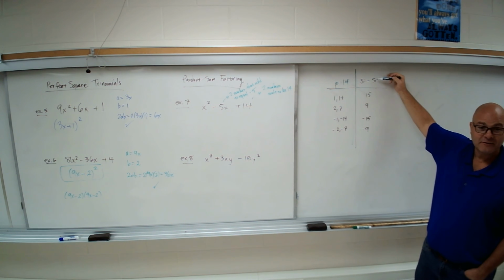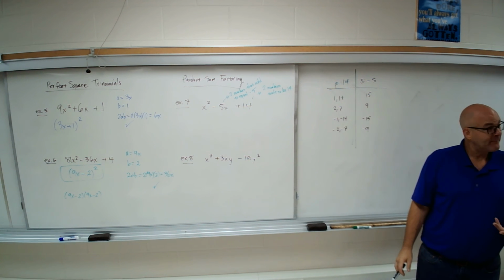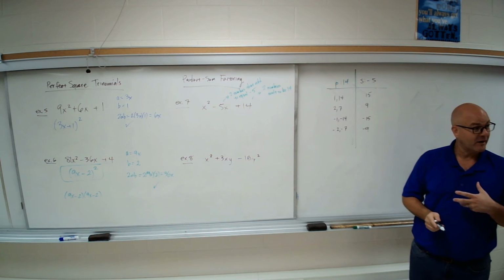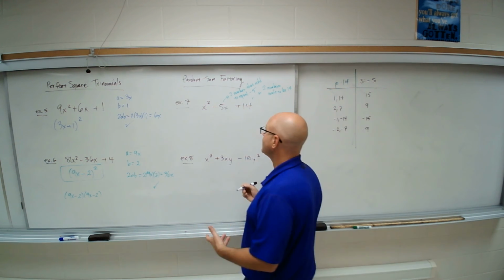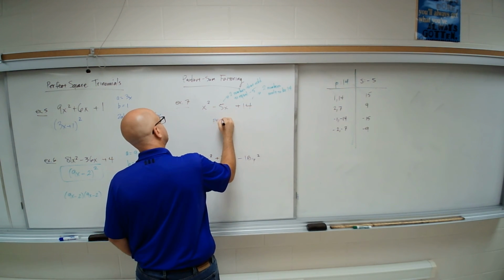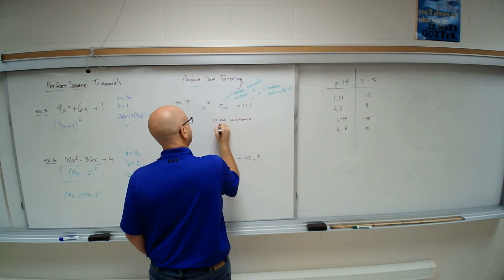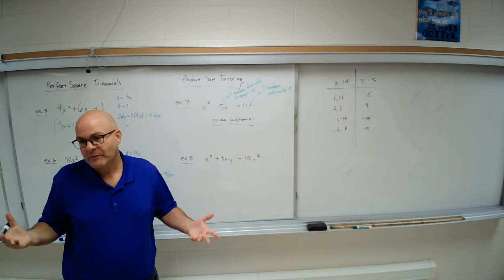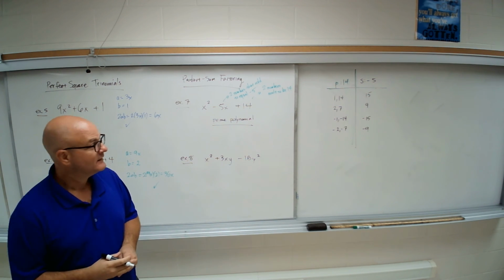Are any of those a -5? No. So what that means is, I wrote a problem I didn't mean to, but this happens sometimes. Are there any other pairs of multiples that multiply to be 14? No. So what we'd say here is this would be a prime polynomial. It does not factor any further. We call that a prime polynomial. Most polynomials are prime.